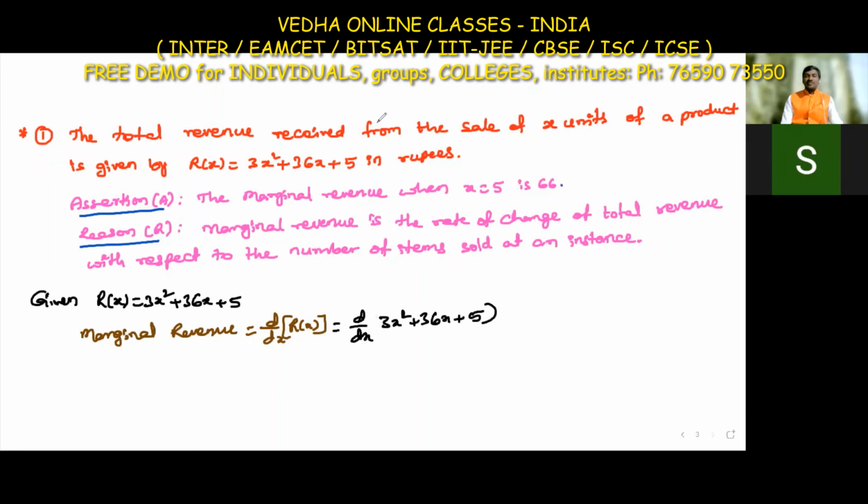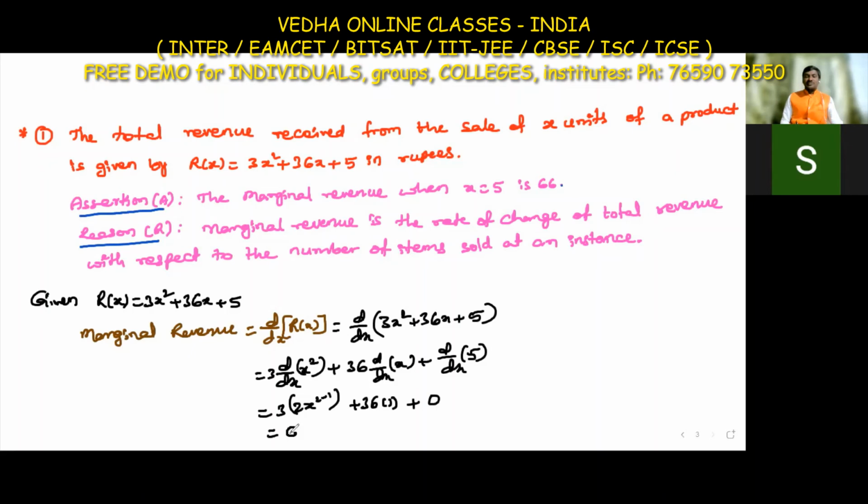This equals d/dx of 3x², where 3 is written outside and we differentiate x², plus d/dx of 36x, where 36 is the coefficient and we differentiate x, plus d/dx of the constant 5. Now this equals 3 into the derivative of x², which is 2x^(2-1) by the x^n formula, plus 36 into the derivative of x, which is 1, plus the derivative of the constant, which is 0. So we get 6x + 36.